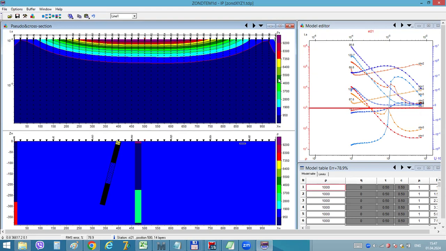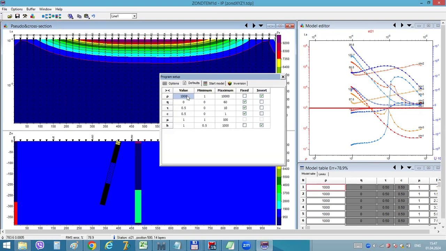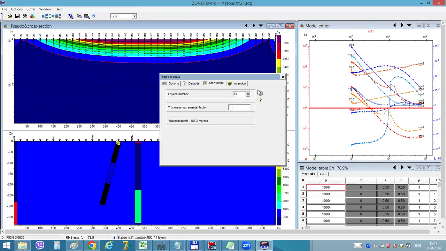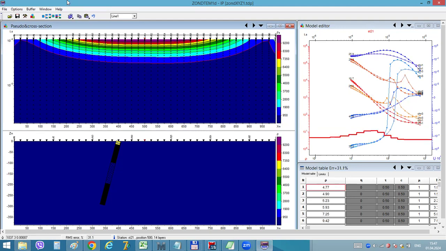I'll try, for example, now another example from 5 ohm meters. It's also not so good because it's very far from the real model, but I hope to get something.